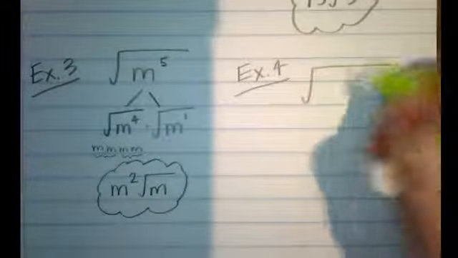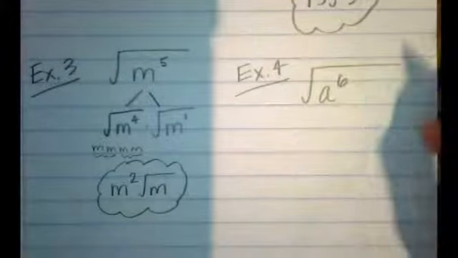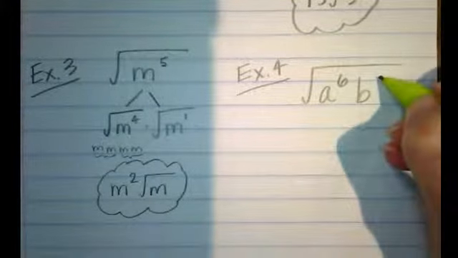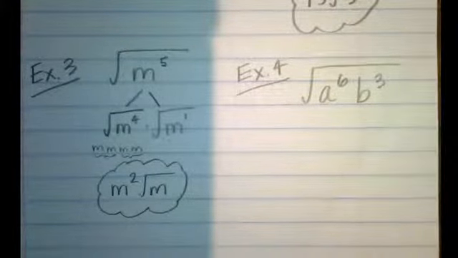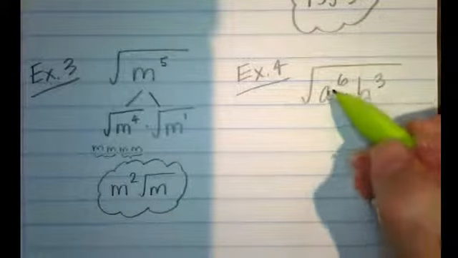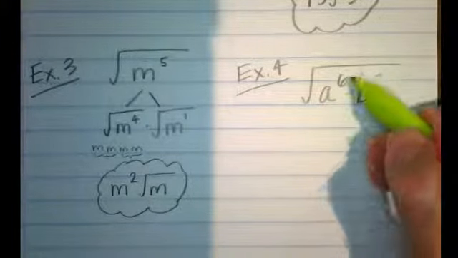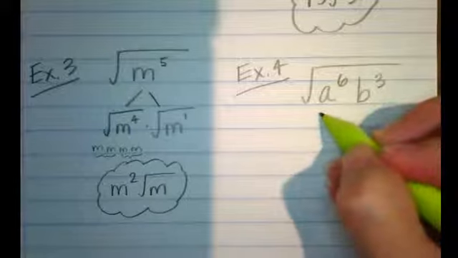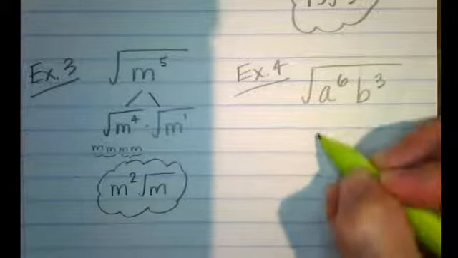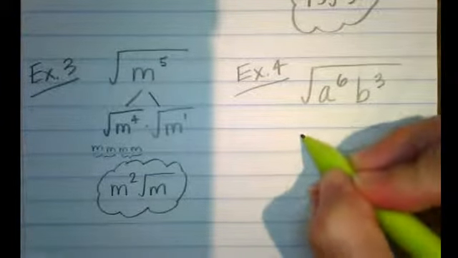All right, another one with variables. Let's say we had the square root of a to the 6th and b to the 3rd. All right, so if I look at this, a to the 6th, I can break that into 3 pairs.